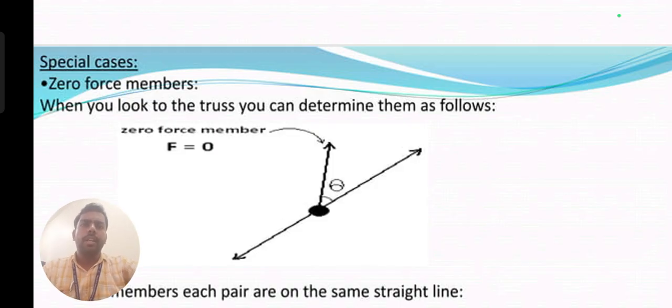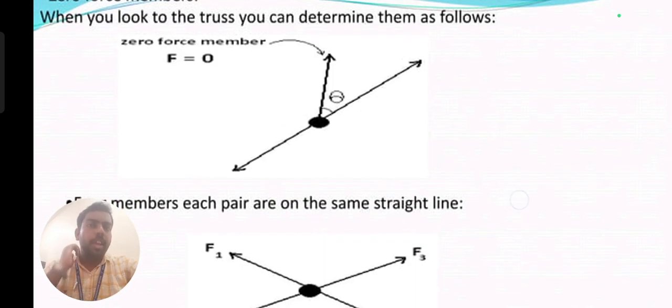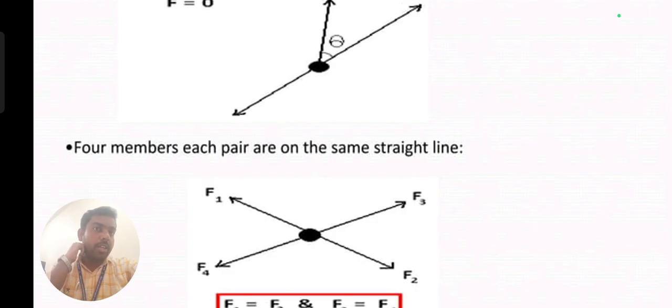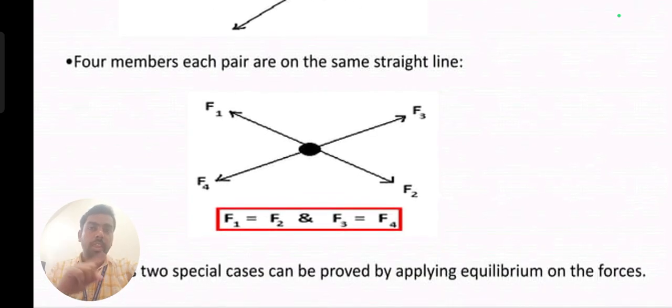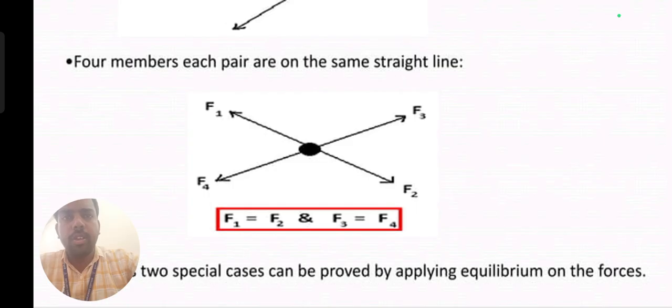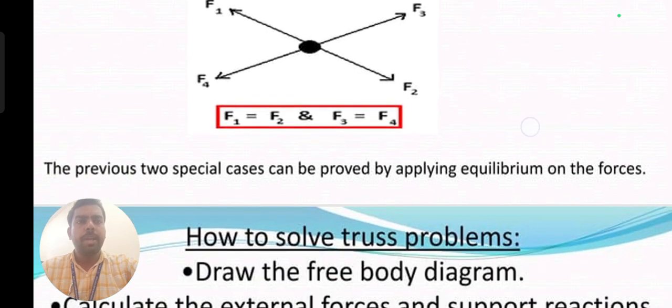When you look at the truss, you can determine the following: F equals 0. In that situation, the equilibrium forces will be acting.